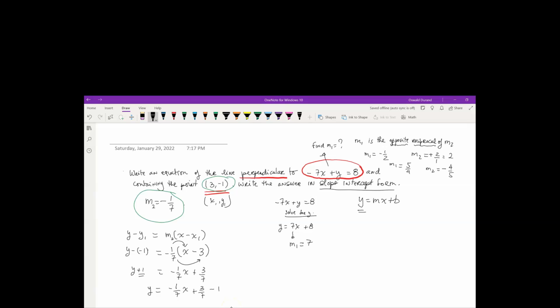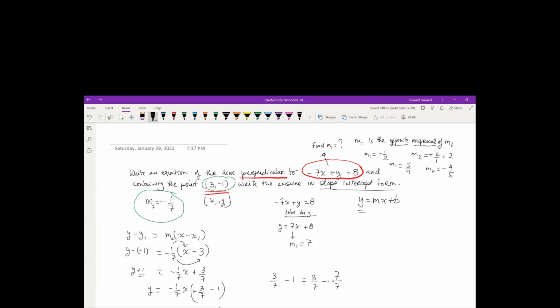I think your question is how they got this part right here, so we need to evaluate that. 3/7 minus 1: we need to change the 1 into an equivalent expression with a denominator of 7, because I want a common denominator.